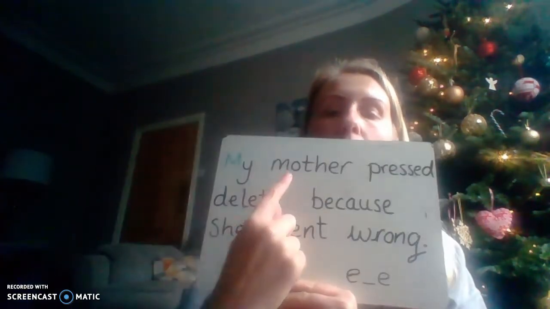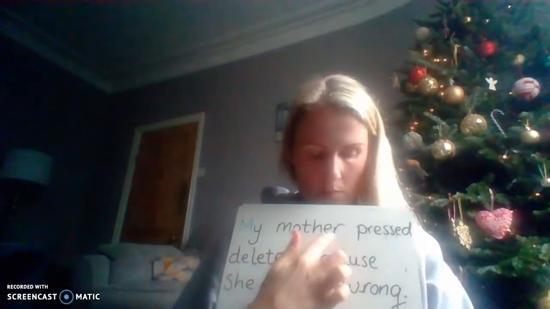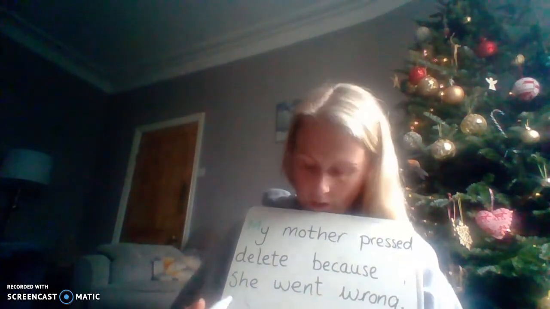My mother pressed delete because, oh, subordinating conjunction in there, isn't there? She went wrong. I'm also going to, because we have looked at this digraph, put my sound buttons on the digraph we have done.